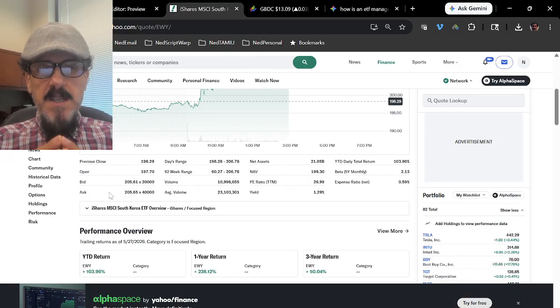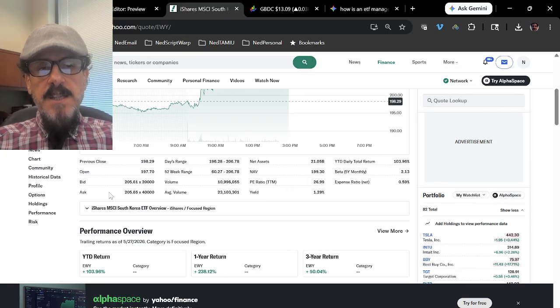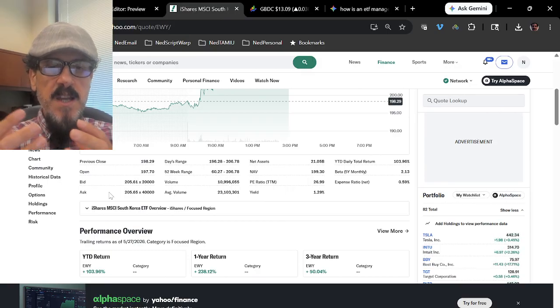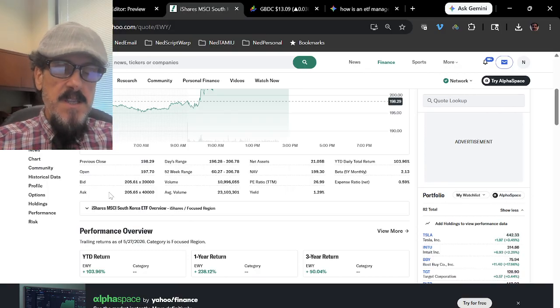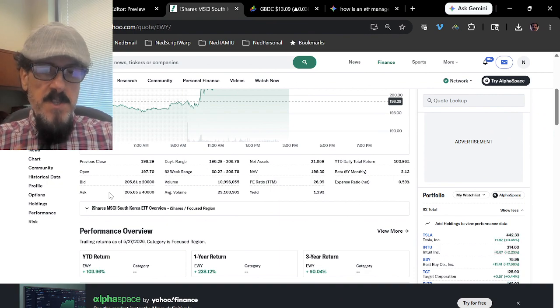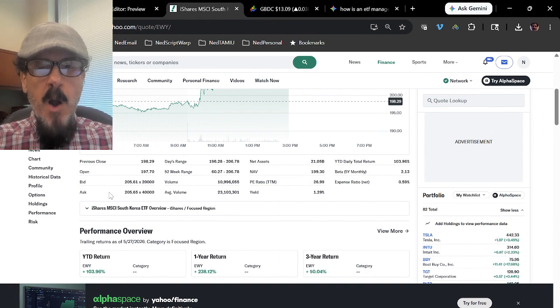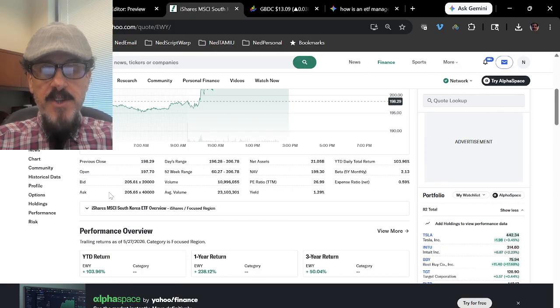In companies, this bid-ask spread can be larger than in an ETF like this one, which is a high liquidity ETF. There are many investors buying and selling shares throughout the day, and this is what adds liquidity to the ETF. With individual companies, particularly illiquid ones like small companies and micro caps, the bid-ask spread can be much wider.